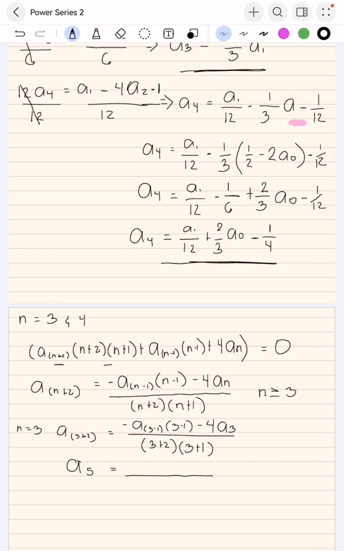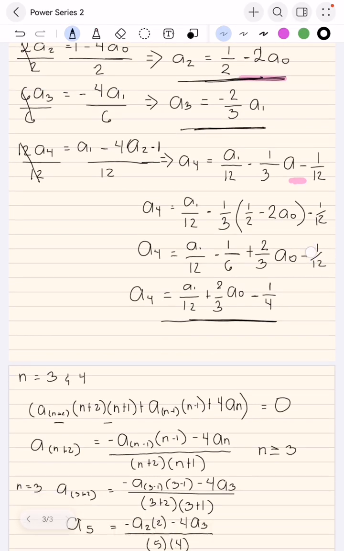For a5 we have negative a 2 times 2 minus 4 a 3 over 5 and 4.